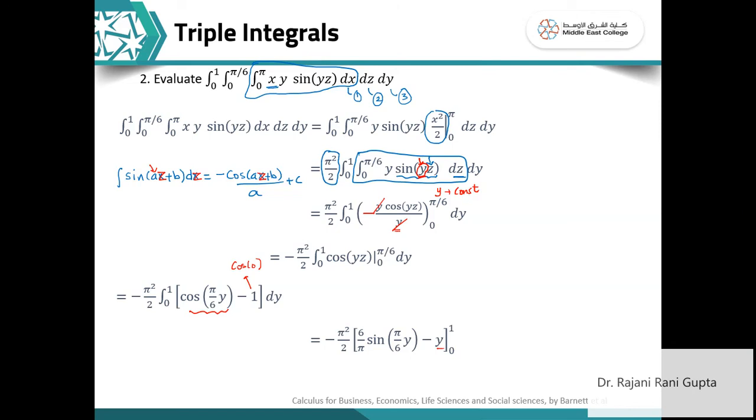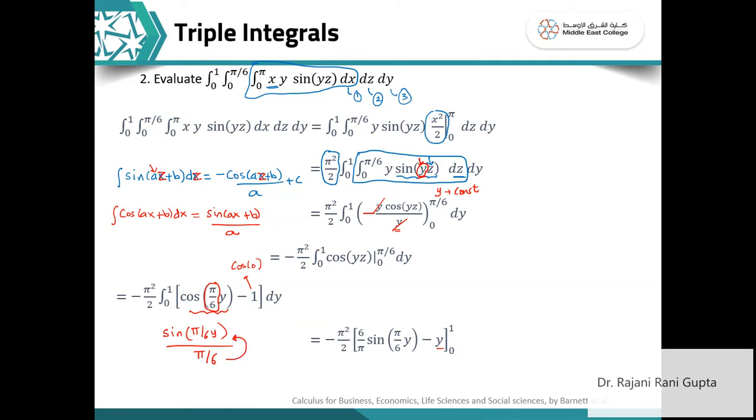It's clear. For cosine integration, we use the similar rule. Cosine ax plus b dx is sine ax plus b over a. Now here in place of a you have pi by 6. So it means here you will be dividing sine pi by 6 y, this whole by pi by 6, and then this 6 goes up.